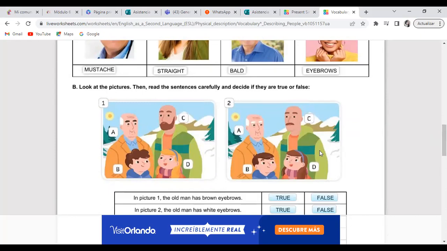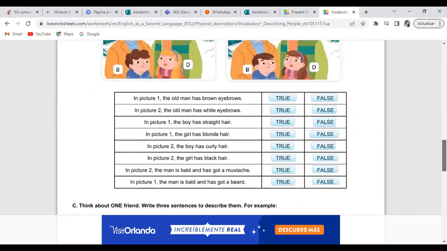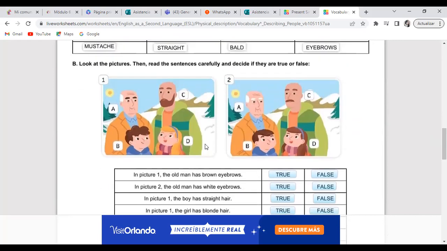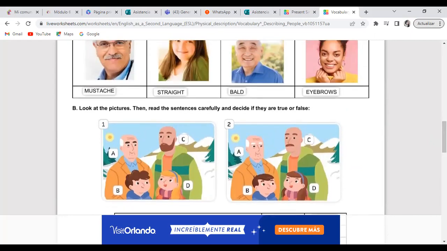They are very similar, but there are some differences. So you are going to tell me if it is true or false. In picture 1, the old man has brown eyebrows. I'm going to make it bigger, I think.